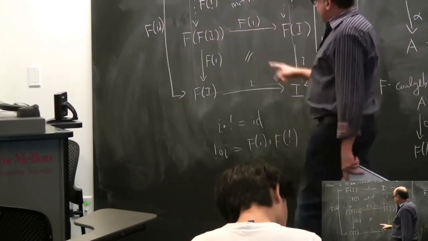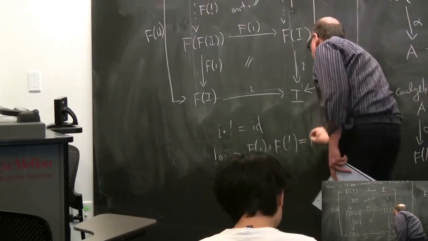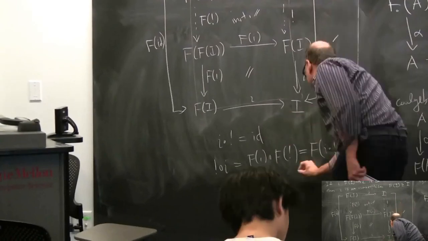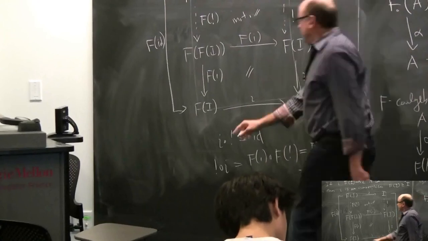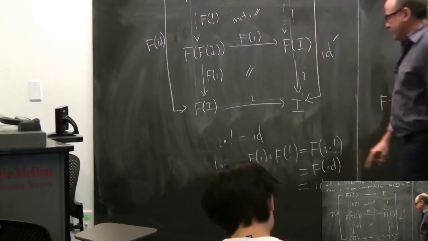But now it's a functor, so it preserves the composition, so that's f of I after bang, which I just got through telling you is the identity. So that's f of the identity, and that is the identity, because functors preserve the identity.